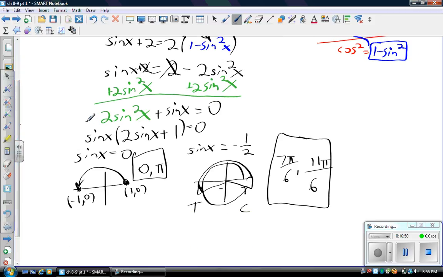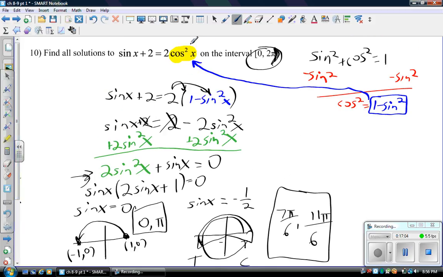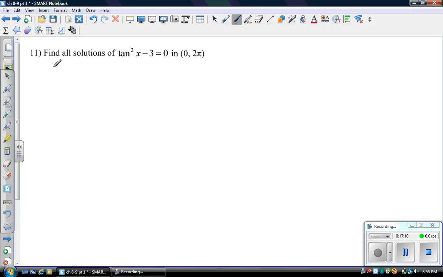Right here, I've got a factor. So I factor out a sine, and then this is what we've done bunches of times. So really, the main hitch there on that one is realizing that you need to get that in terms of sines instead. Okay, one more on this video.